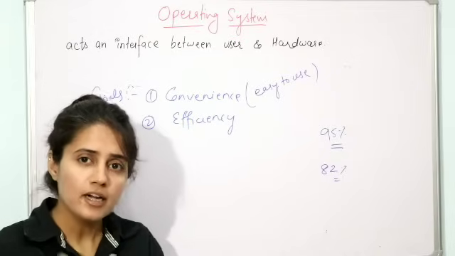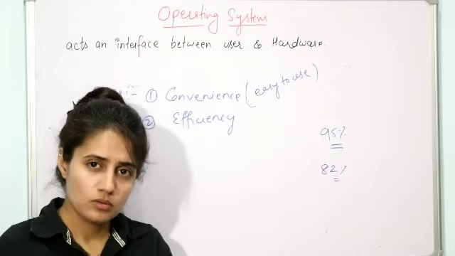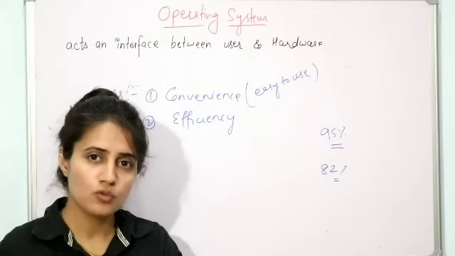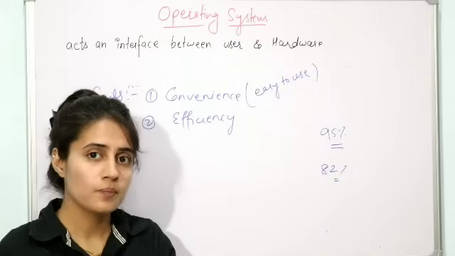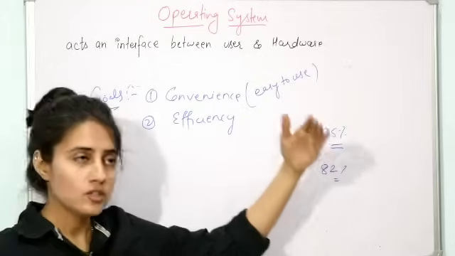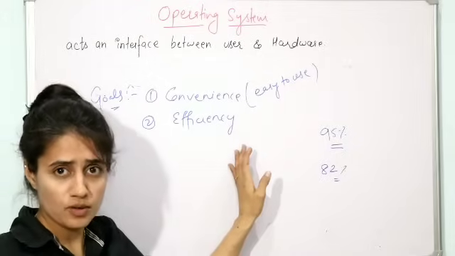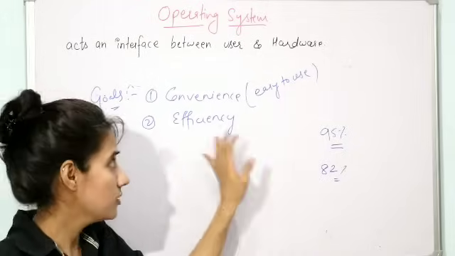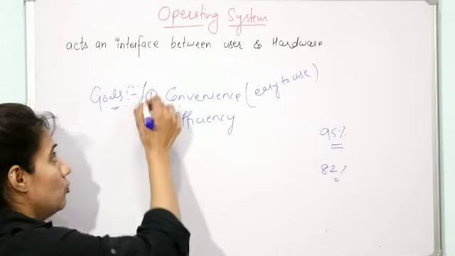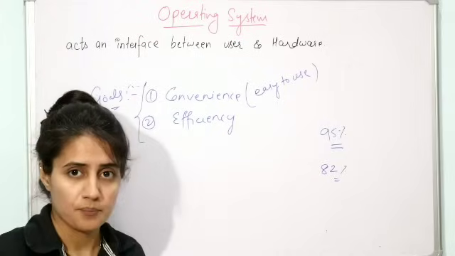But for end users, who are not experts in using an operating system, for the naive user, the operating system should be convenient. The main goal is convenience in that case, but for mainframes and supercomputers, the main goal is efficiency. So, these are two goals of the operating system.